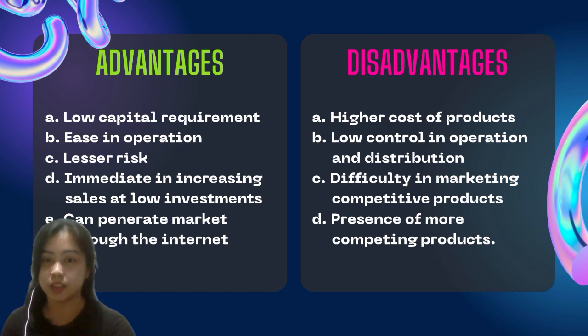Example, San Miguel Corporation, a notable Filipino multinational business with interests in various industries including food and beverages, packaging, energy, and infrastructure. Founded in 1890, SMC has grown to become one of the largest and most diversified companies in the Philippines.